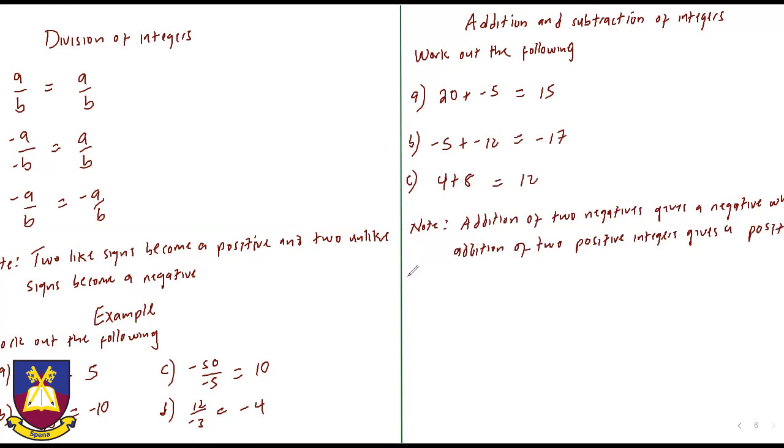So we could have part D, which could be 10 minus 8. Answer is positive 2. Could have negative 7 minus 4. Answer is negative 11.